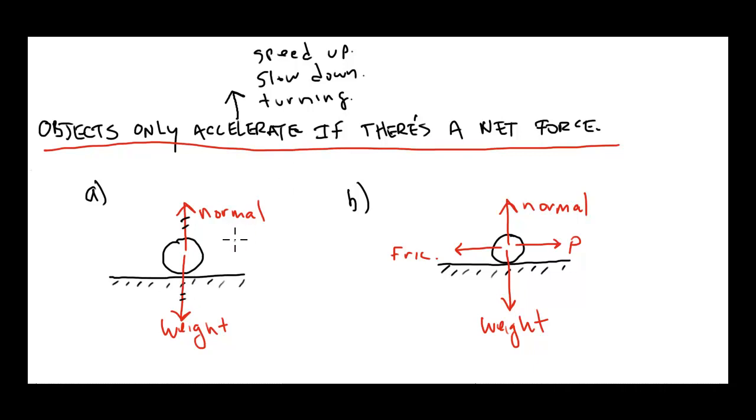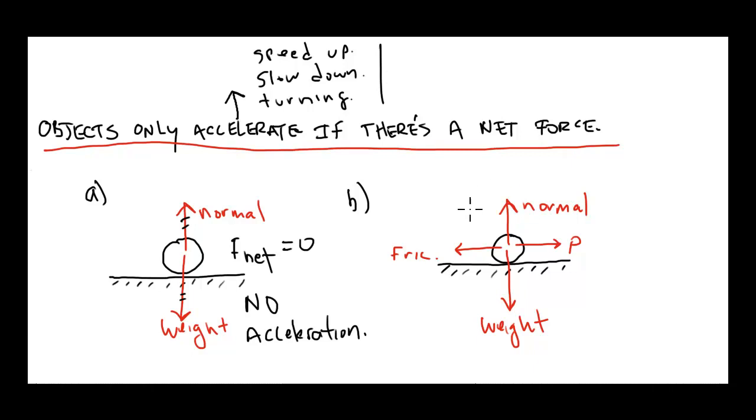Since the net force is zero, we know that the object isn't accelerating. There's no acceleration. That's what we know. So if it's at rest, it's going to stay at rest. If it's moving, it has to be moving in a straight line at constant speed, right? It can't be speeding up, slowing down, or turning because there's no net force and therefore no acceleration.